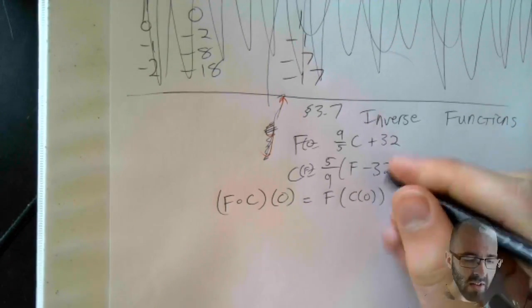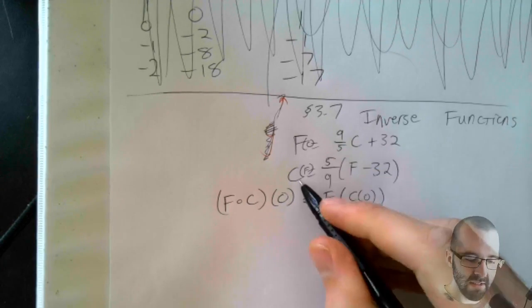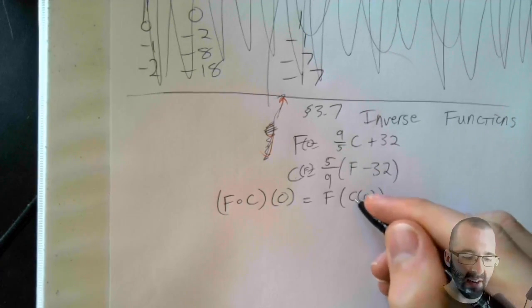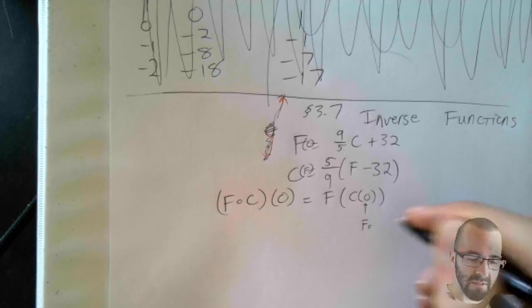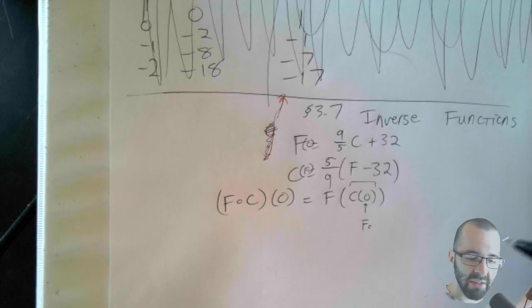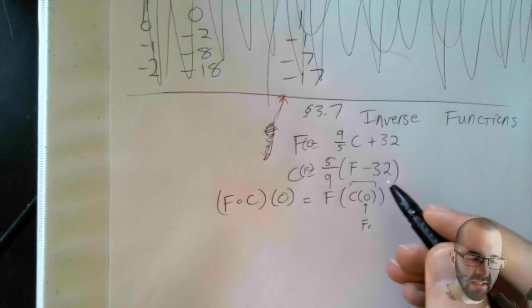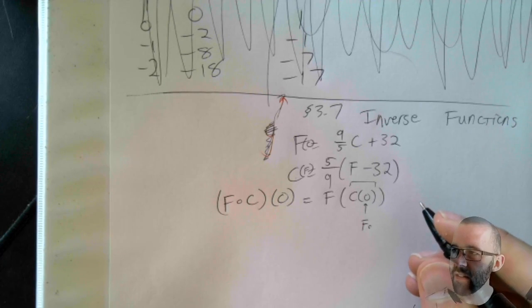Remember, this right here is the temperature in Fahrenheit, c of f. The thing on the inside of the c function is f. This is a function in Fahrenheit, and it's going to spit out a value c, which is something in Celsius, and then we plug that into the Fahrenheit function, and it turns back to Fahrenheit.